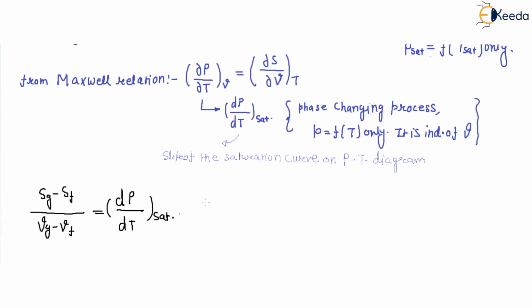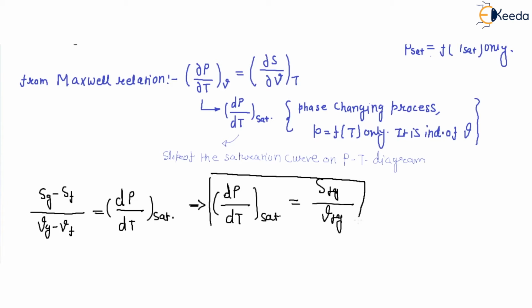So what is that? dP by dT at a saturation process is Sfg divided by Vfg. We can write like that, no problem, during the phase changing process.